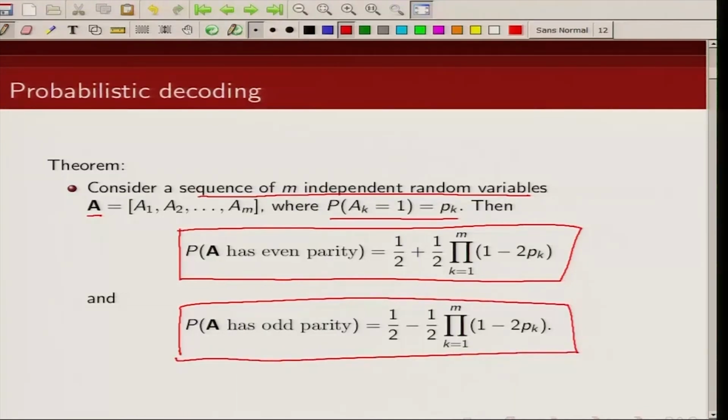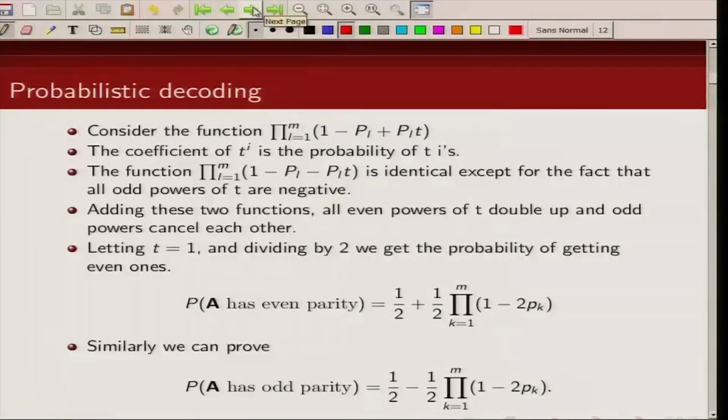Now, we will derive our expression for the decoding algorithm based on this result. So, let us first try to prove this result. Let us consider a function of the form product of (1 minus pl plus pl t).